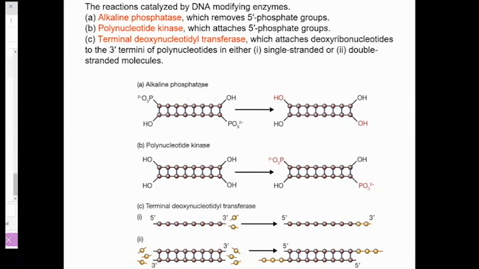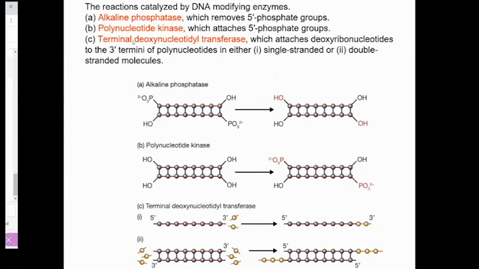That's alkaline phosphatase, and this is important during gene cloning, because when you use alkaline phosphatase, you can prevent the vector self-ligation. If you use alkaline phosphatase to treat your vector, it replaces the phosphate group with the hydroxyl group, and then the vector will not be able to self-ligate.